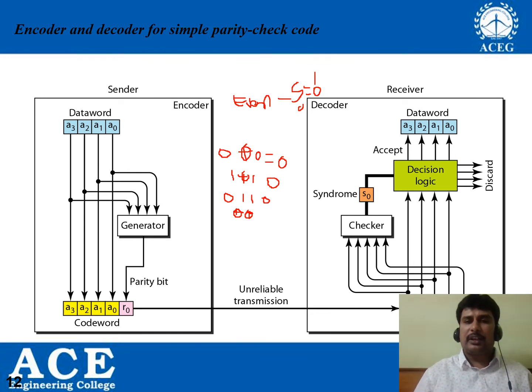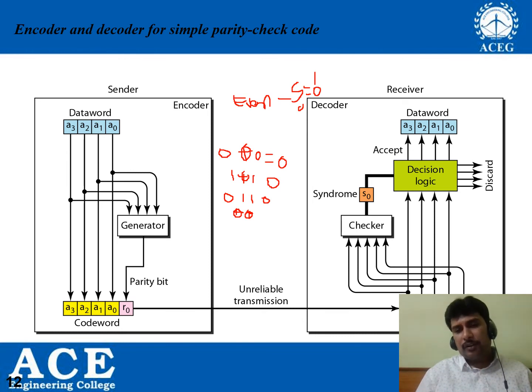So if you are following even parity and the syndrome is equal to 0, then the decision logic circuit indicates the received code word is correct. We remove the redundant bit and accept the remaining bits as the data word.